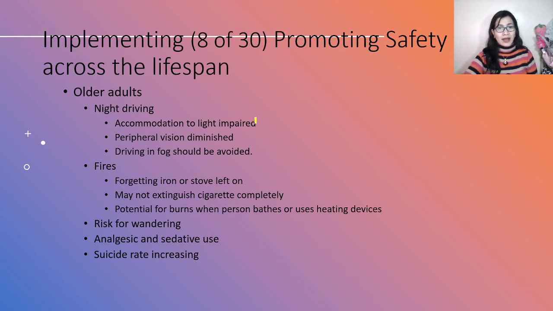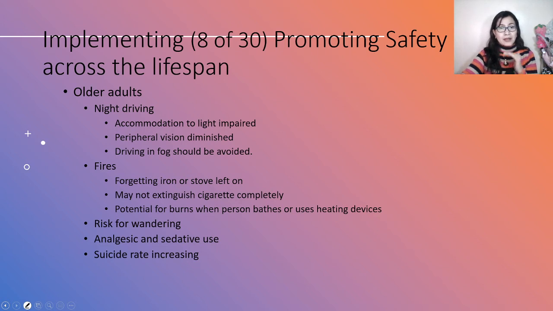Fires can also be a factor, so we must give health teaching to warn them of not forgetting the iron or stove being left on. Extinguishing a cigarette completely must also be reminded. There is potential for burns when a person bathes using heating equipment.